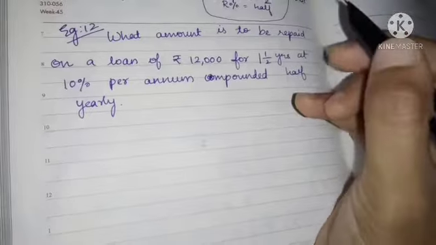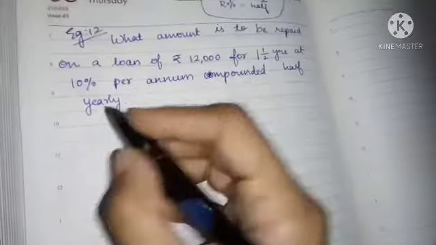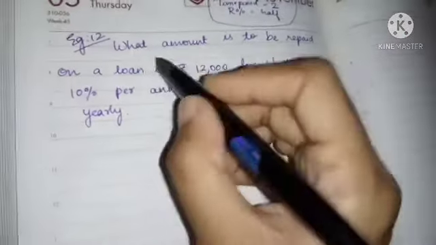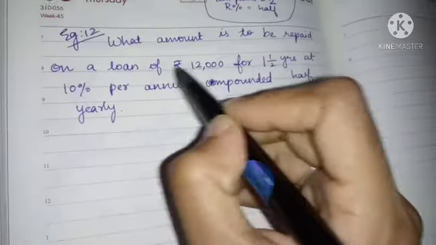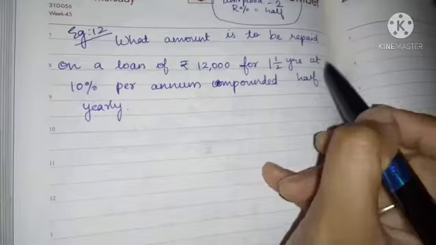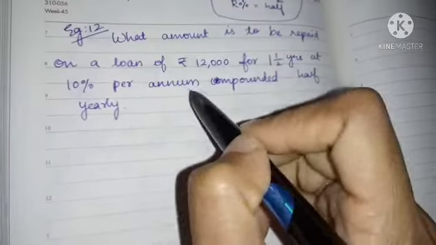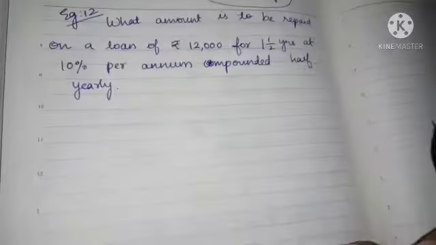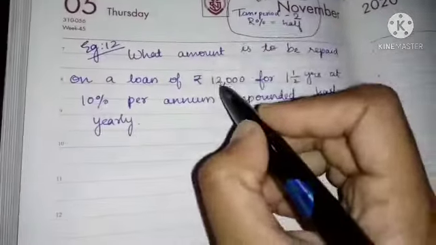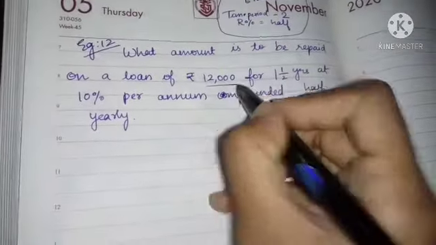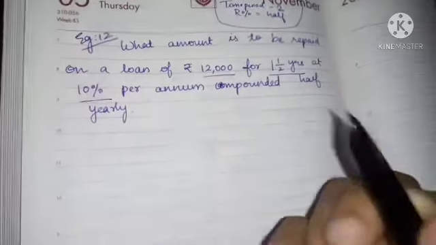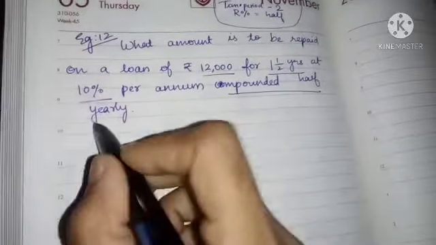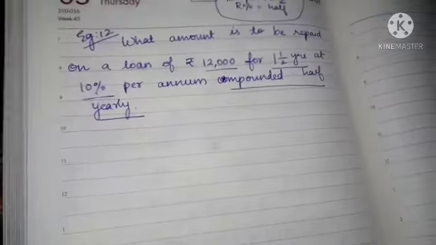So first the question is, what amount is to be repaid on a loan of 12,000 for 1.5 years at 10% per annum, compounded half yearly. So we have got a loan from the bank of rupees 12,000 for 1.5 years, at 10% per annum, compounded half yearly. Keep it in your mind, half yearly.